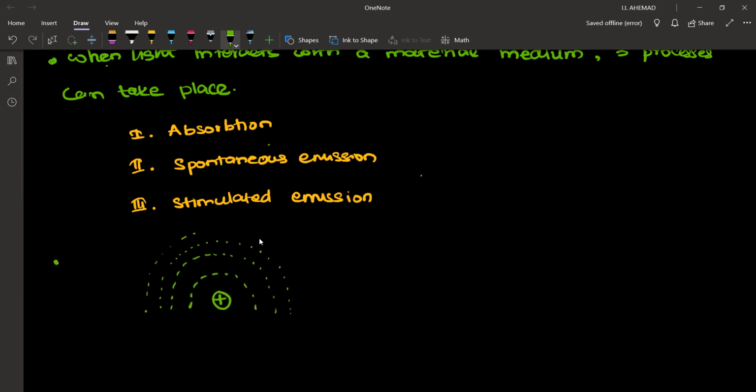And we call the first energy level, the least energy level, the ground state. And all the other levels, we call them the excited state.